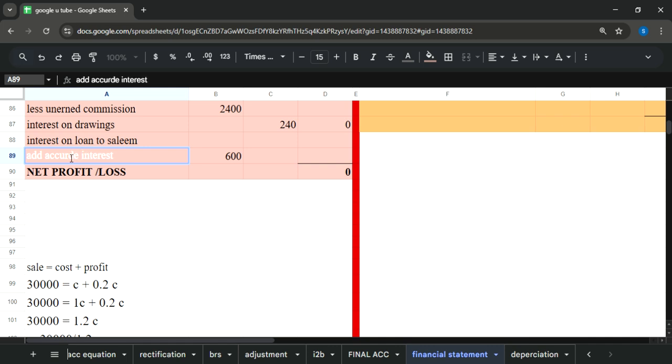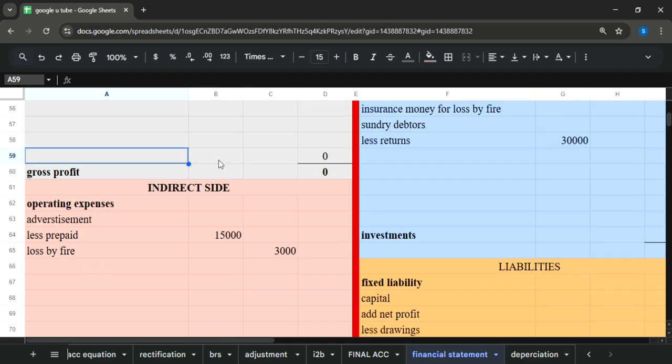So you may use accrued, outstanding, owing, all the same thing. That was outstanding interest. You will add it; the first effect is completed. Then you will go to the current asset side, and here you will write accrued interest on Salim's loan.